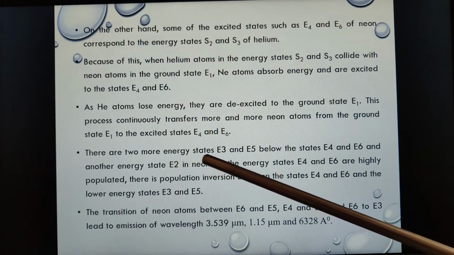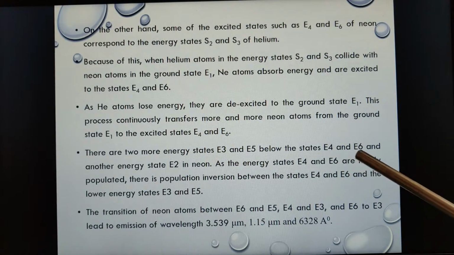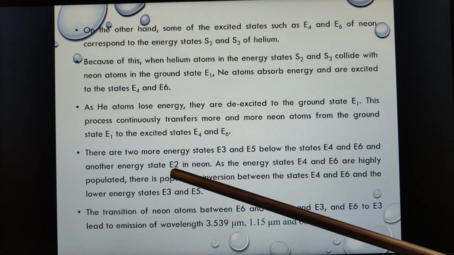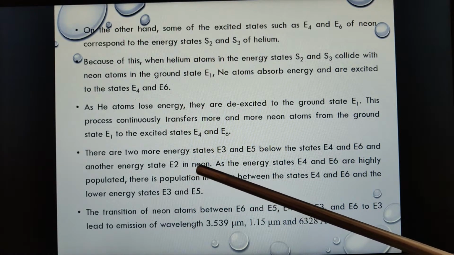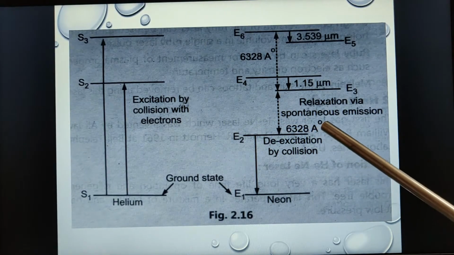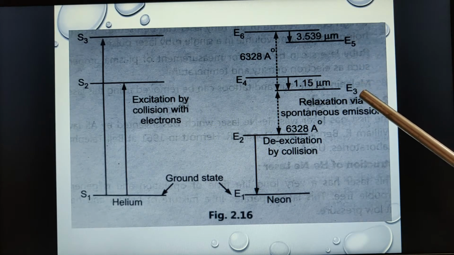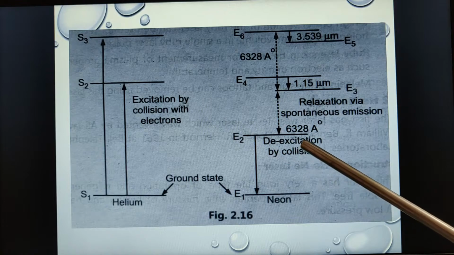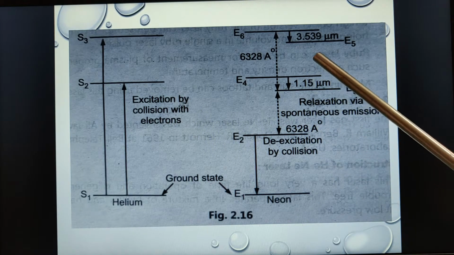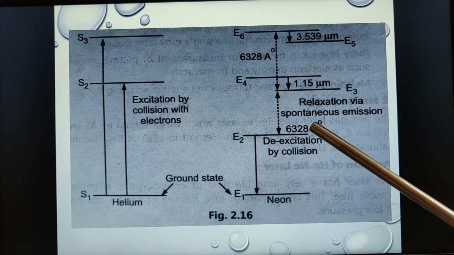There are two more energy states, E3 and E5, below the states E4 and E6, and another energy state E2 in neon. So in the diagram, E5, E3 and E2 are energy states below E6 and E4.